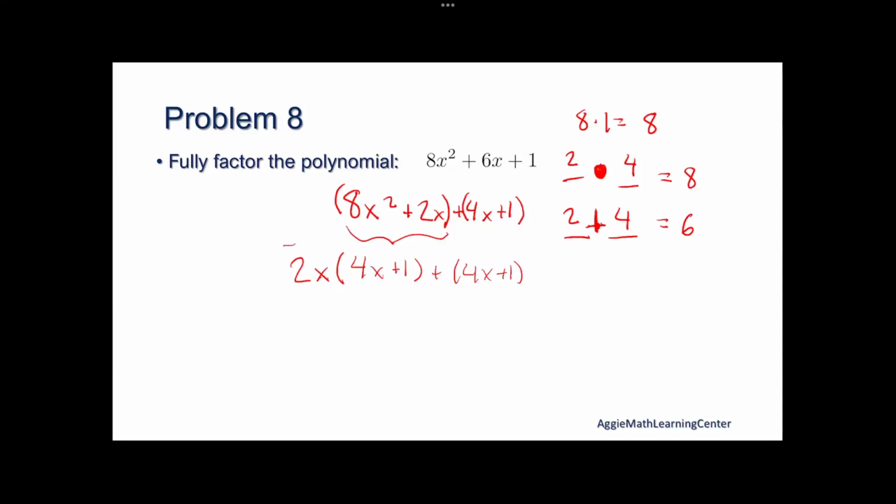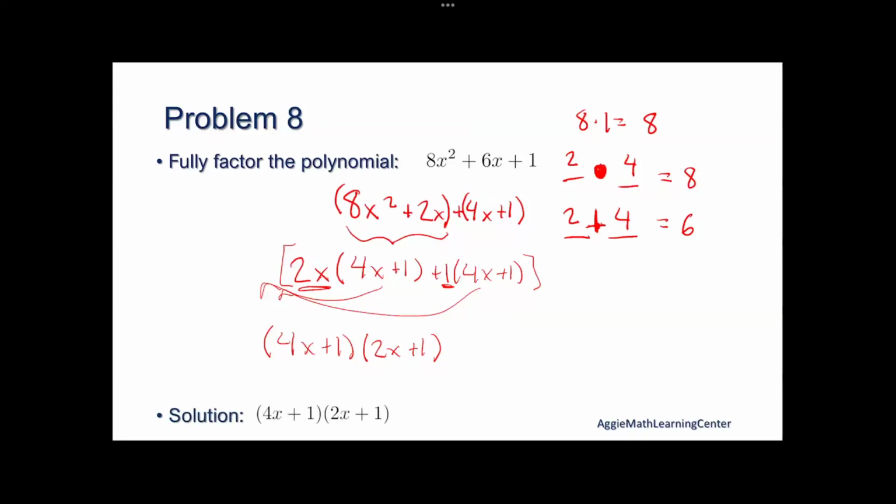So we're gonna pull out the common term here, so we're gonna pull out a 4x plus 1. And it will be multiplied by that 2x and that 1 right there. Okay, and that should be it. Awesome. Okay, any questions on that one?